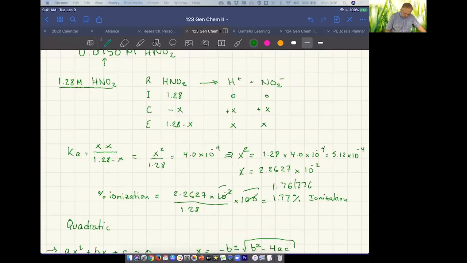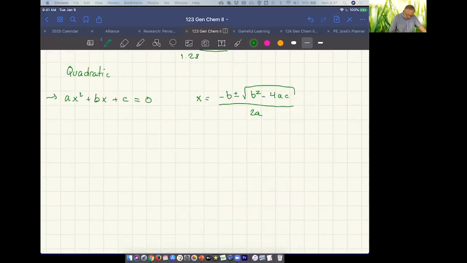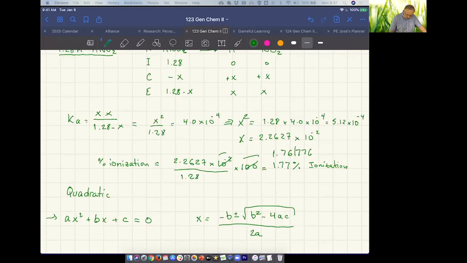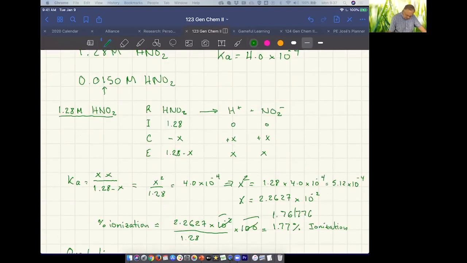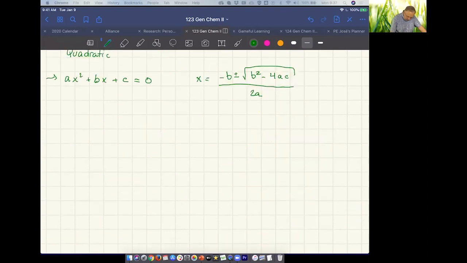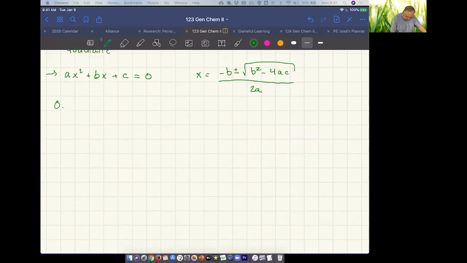So let's start again. This is for the 0.015. So we're going to have 0.0150 molar HNO2. And so the equilibrium is going to be the HNO2 dissociating to H plus and NO2 minus.